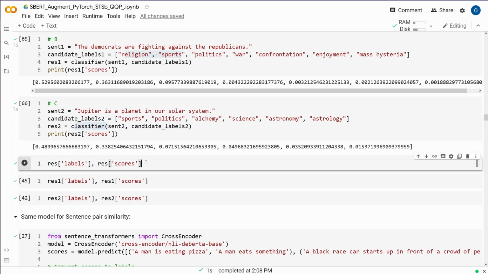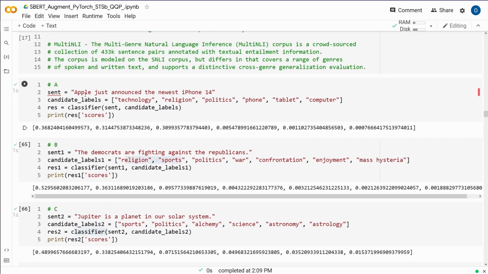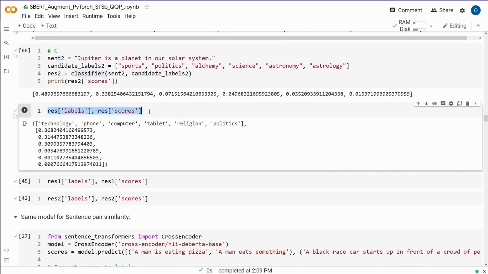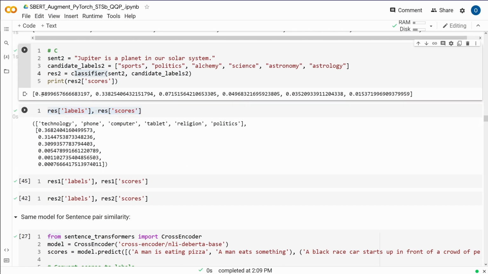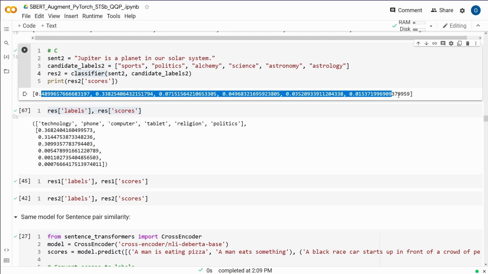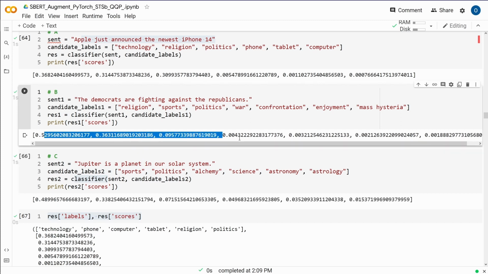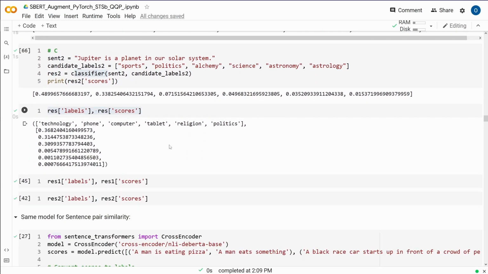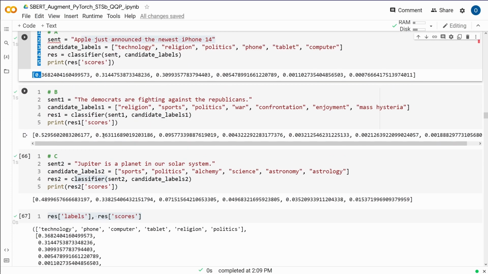So if we now take sentence A, Apple just announced the newest iPhone 14, and we print the labels and the corresponding scores together, we see, and this is always when you see a set of numbers that is continuously declining, this is an indication that there has been some sorting done internally. So be careful, because now you see, originally I defined technology, religion, politics to be the first 3.